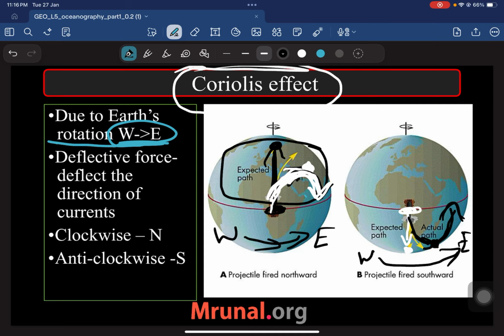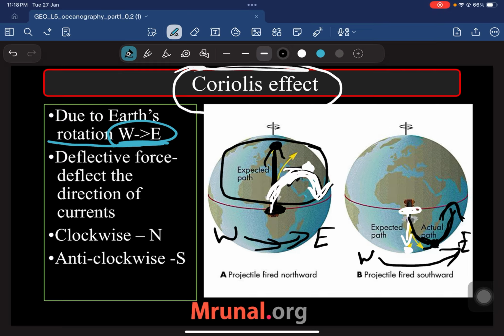Understood about Coriolis force? It is as simple as your classroom example. If you are facing your board and your school is rotating from left to right, and you throw a chalk piece towards the left side of your board, it will come and hit the middle of the board because of the rotation of the classroom.